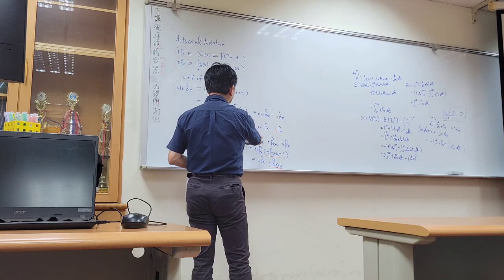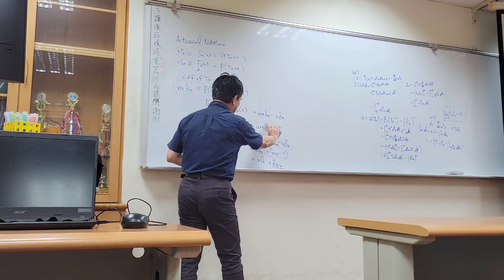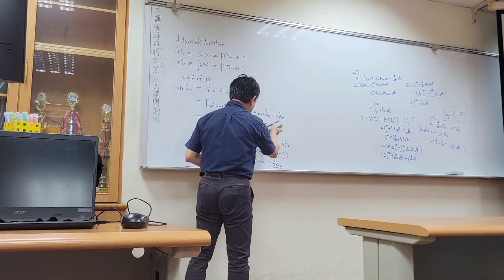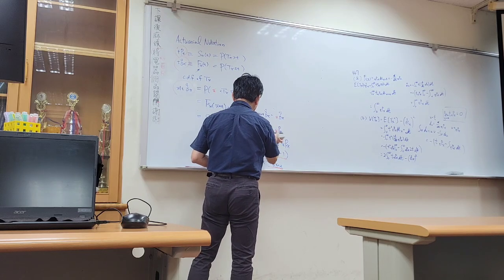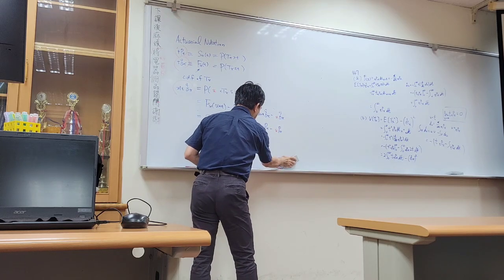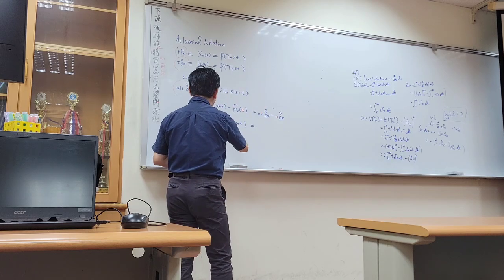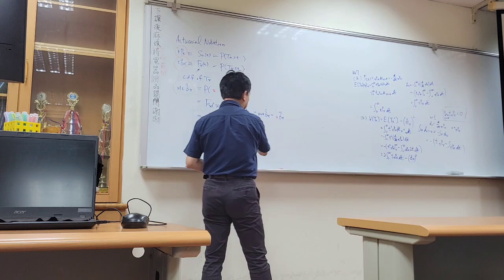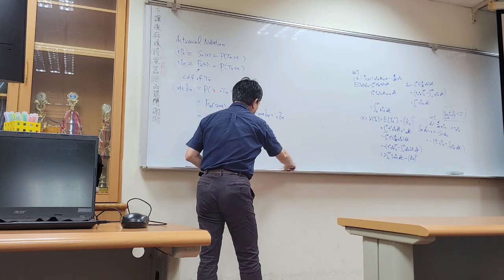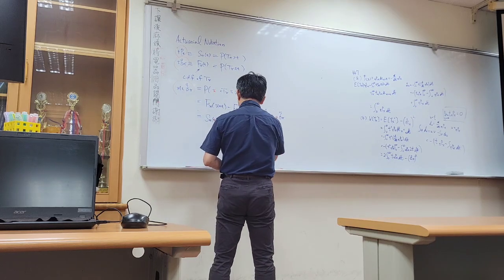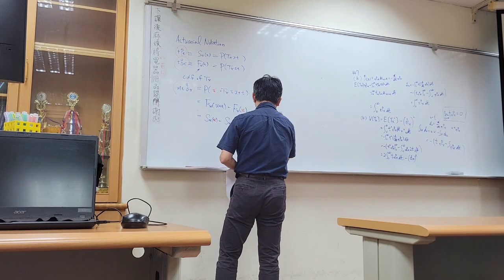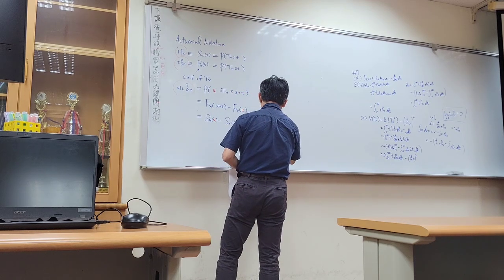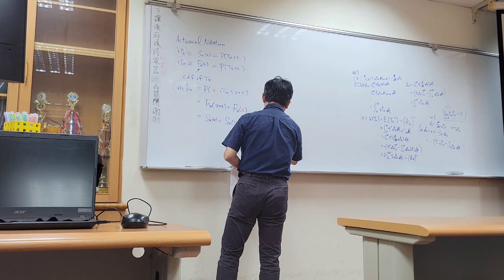This one is not correct. Sorry, it should be S of U. Okay, sorry, because it should be switched. Please rewrite this again. It should be UPX minus U plus T PX.